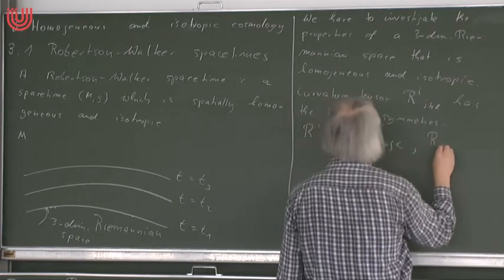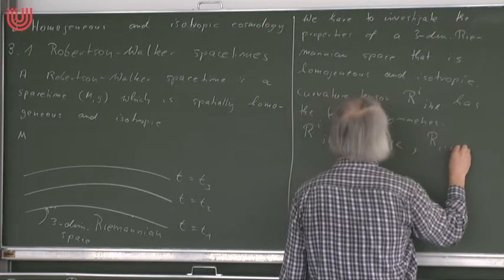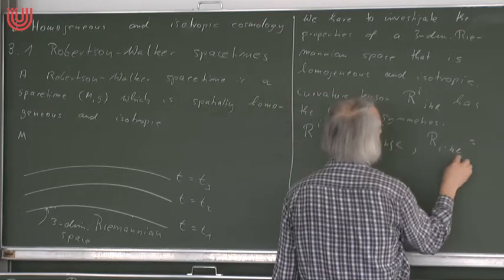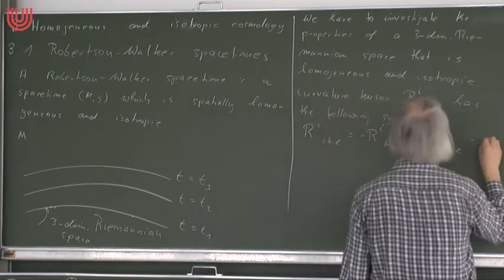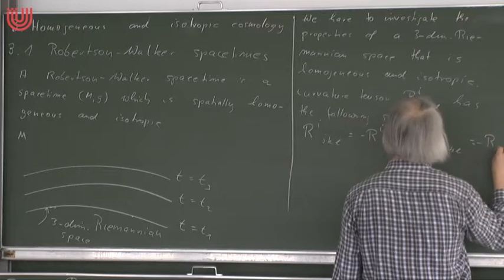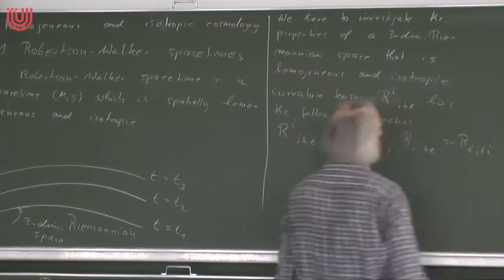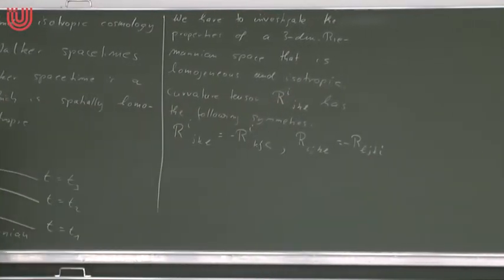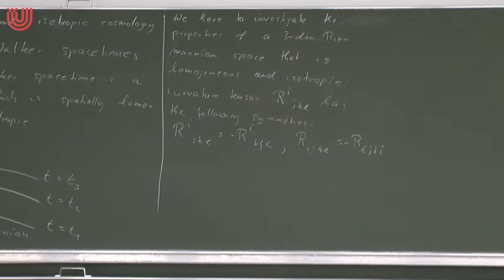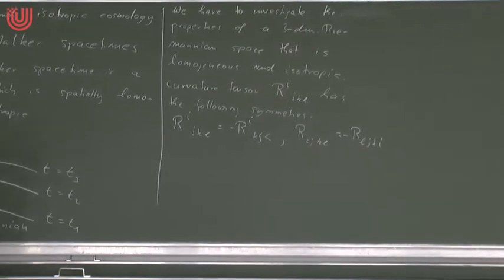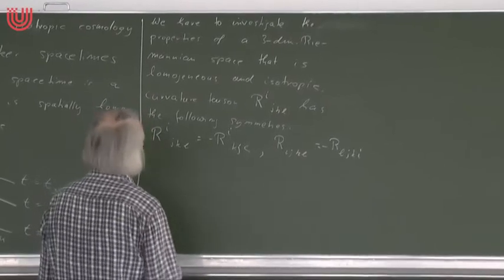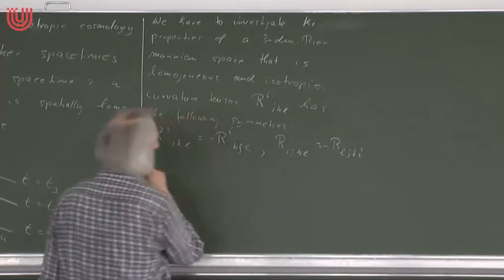If I pull down the index, R_IJKL, then I have also antisymmetry in the outer pair of indices, R_LJKI. This is a symmetry which makes use of the special form of the Christoffel symbols, that they are derived from a metric. So here I need the metric, here I do not need the metric.